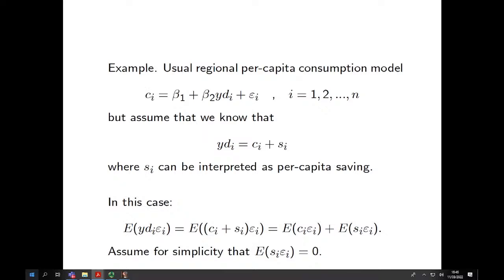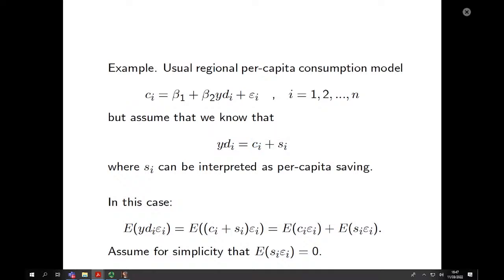Imagine that it is equal to labor income. Of what I do with my labor income, I will consume part of it and I will save part of it. So, in a sense, disposable income also depends on consumption, consumption plus saving.